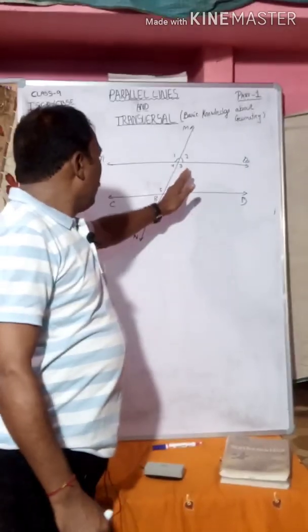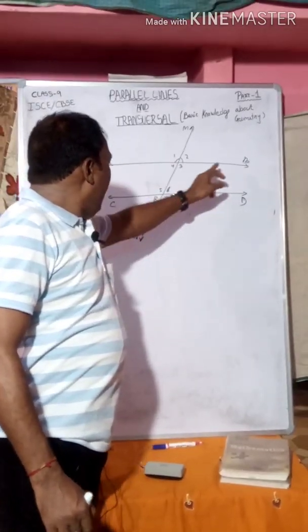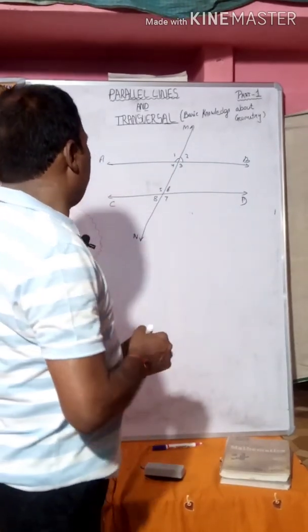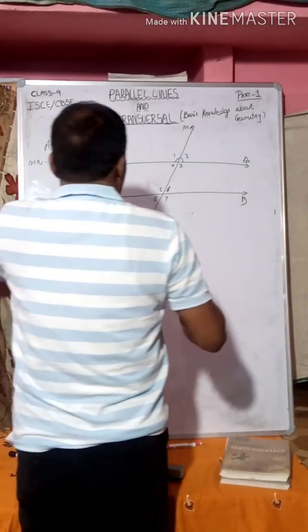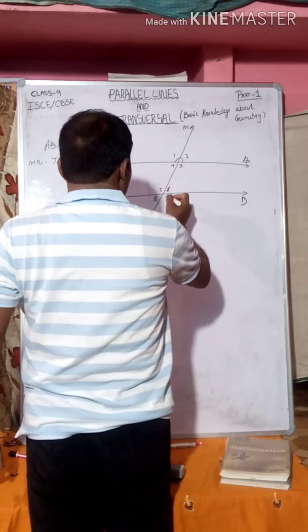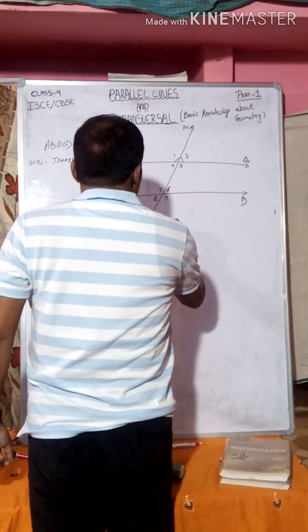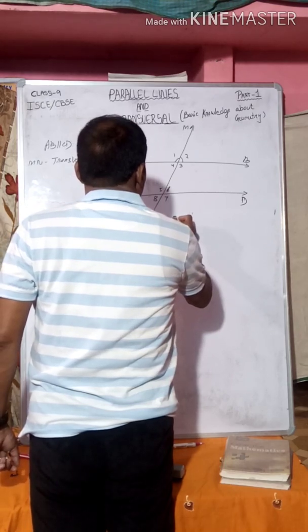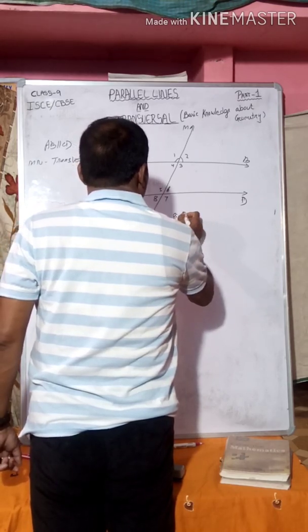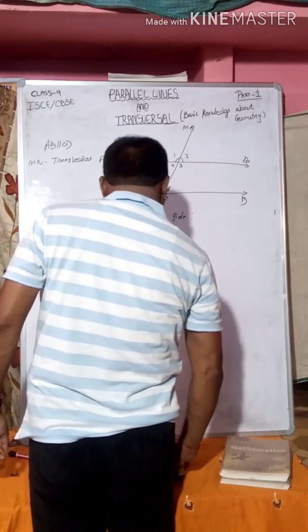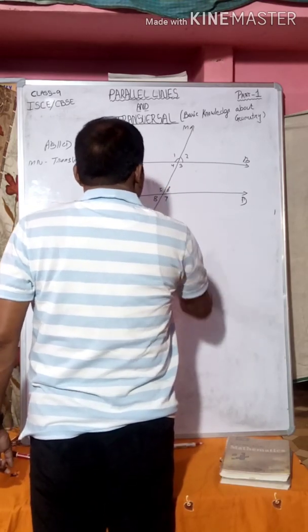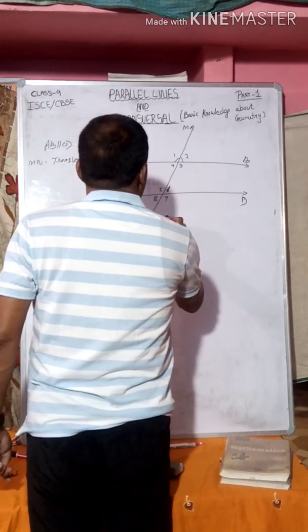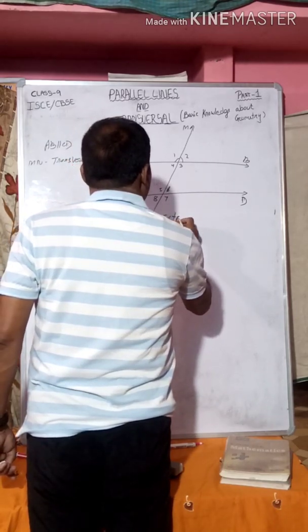Now look, AB and CD are parallel lines, MN is a transversal.